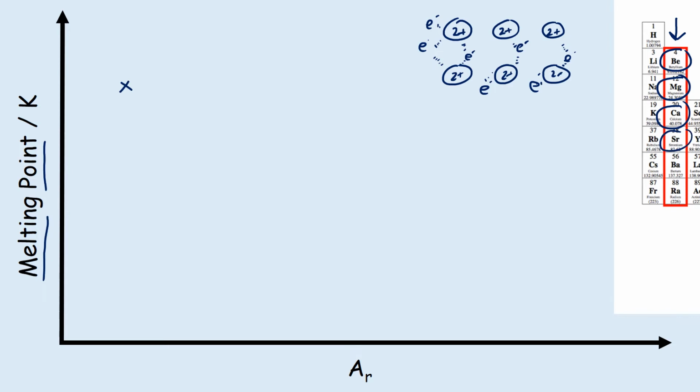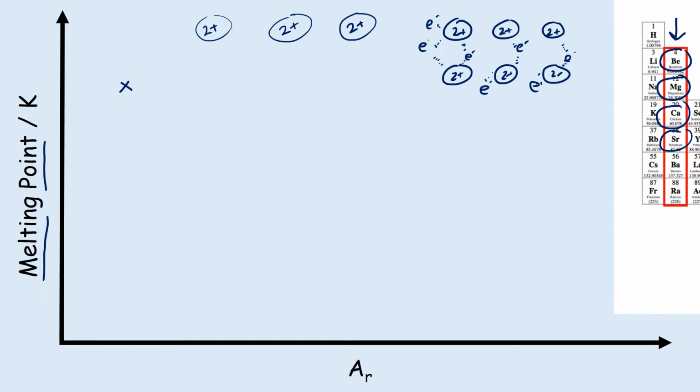As we go down the group, the only difference is the ions become bigger. If the ions become bigger, they have smaller charge densities because you've got the same charge in a larger volume. The same charge in a larger volume means a smaller charge density. The charge is less dense.